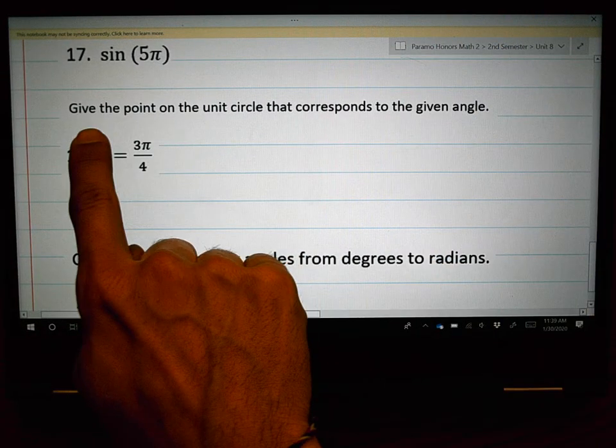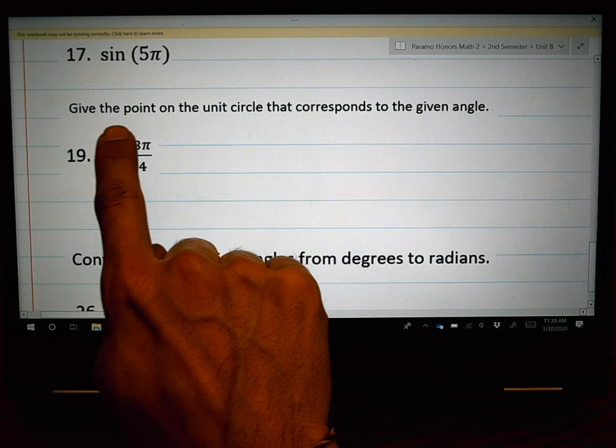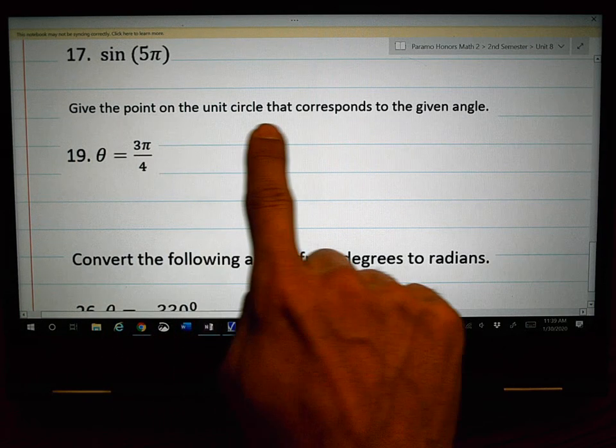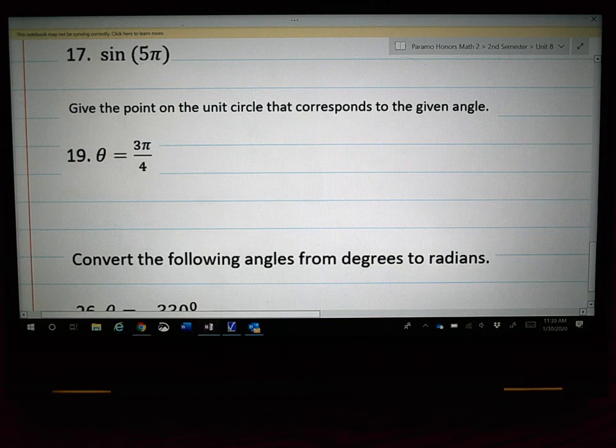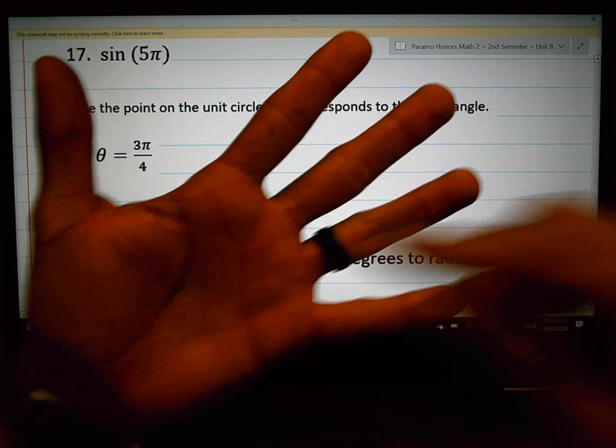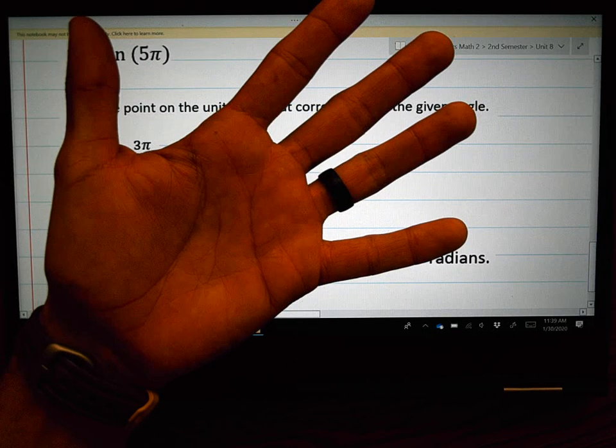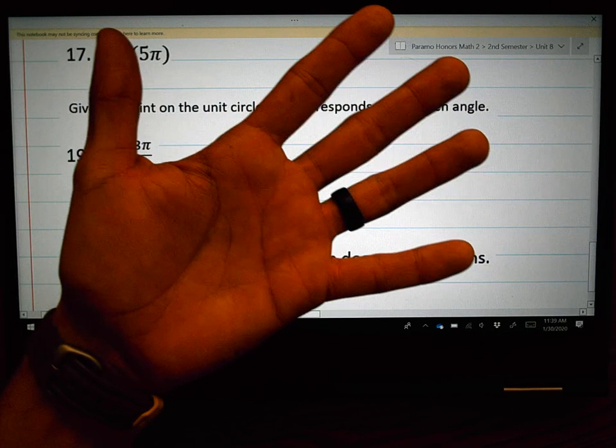If I said for number 19, give the point on the unit circle that corresponds to the given angle, and we're talking about 3 pi over 4, you need to think, okay, where's 3 pi over 4? I'm doing this without a unit circle. I'm doing it from my head.